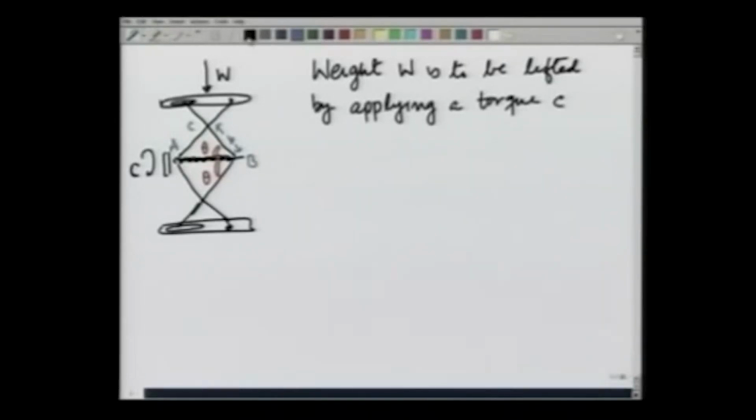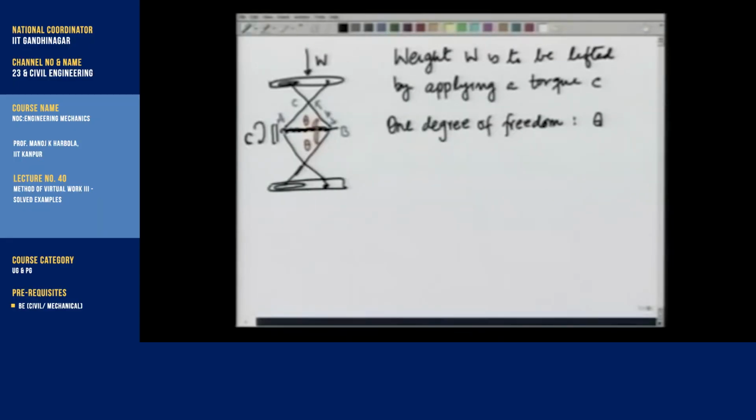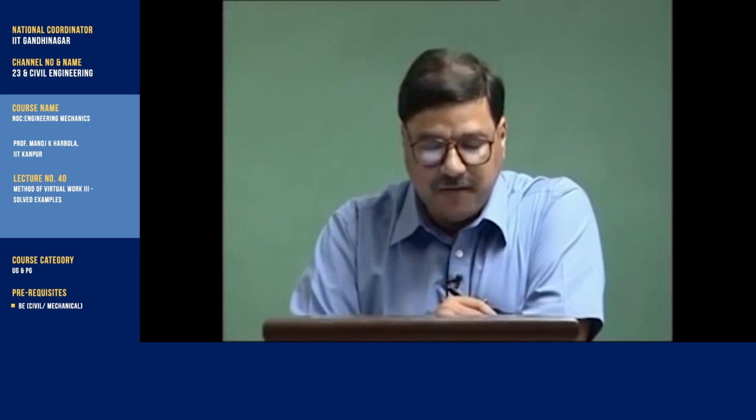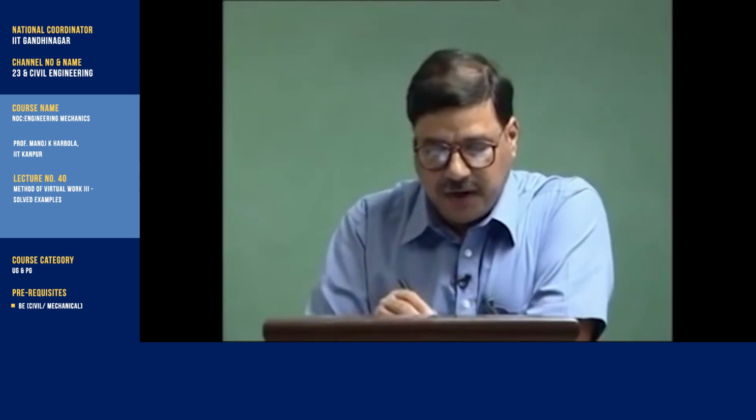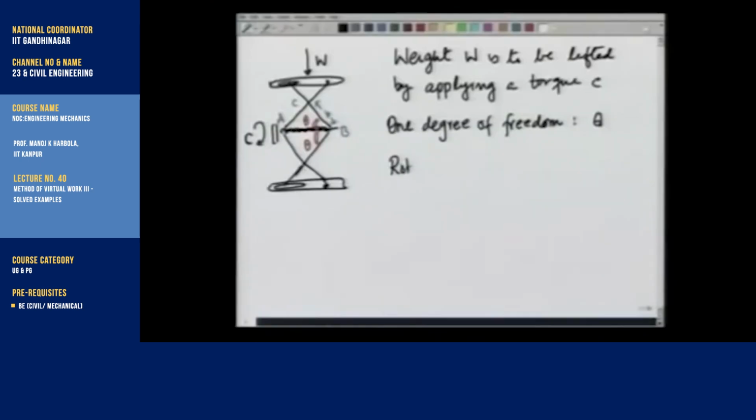You can again see that there is only 1 degree of freedom, and that is angle theta. Question is, how do we calculate the torque required so that this load W is balanced or can be lifted? To calculate this, let us see what happens when we rotate the screw.